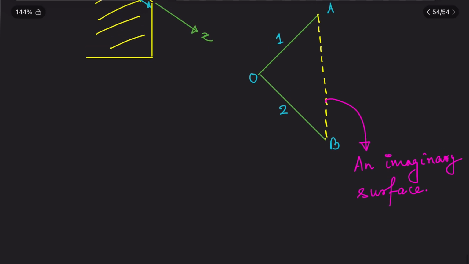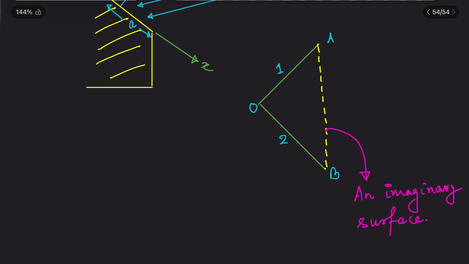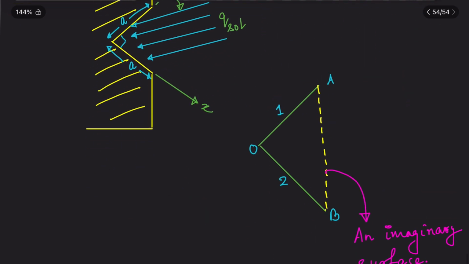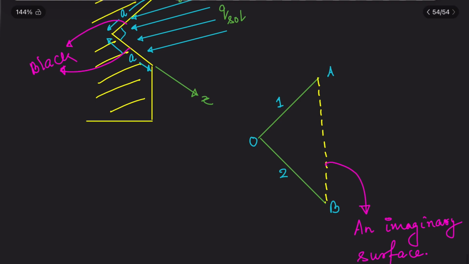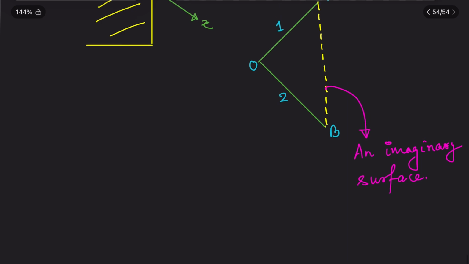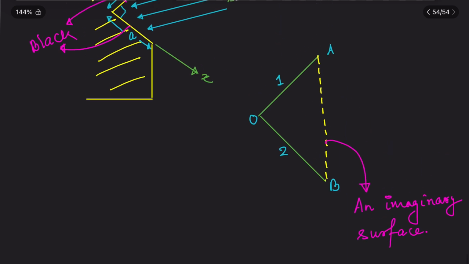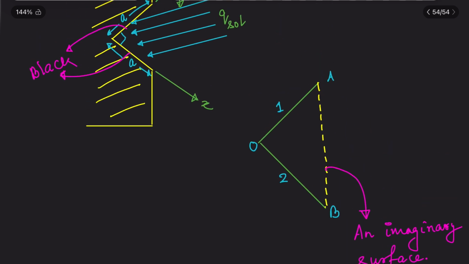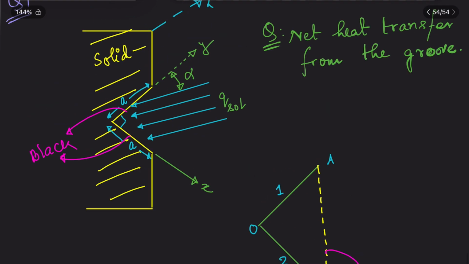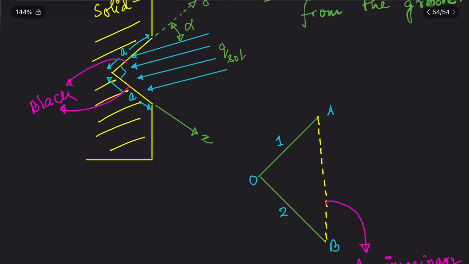Clear? Now, I should have told you that these 2 surfaces are black. So these are black surfaces. Now this Q sol is coming from the environment.